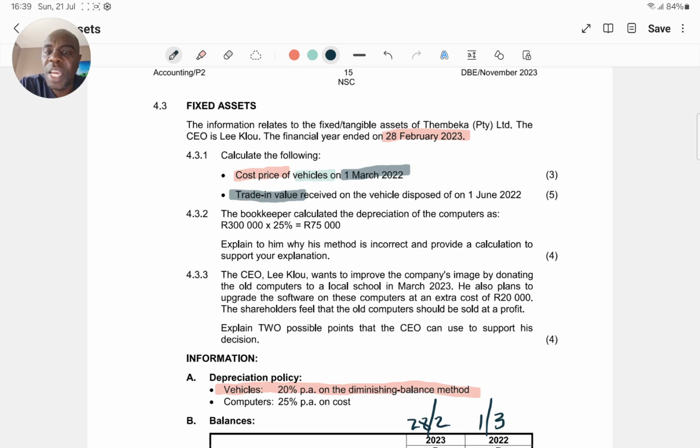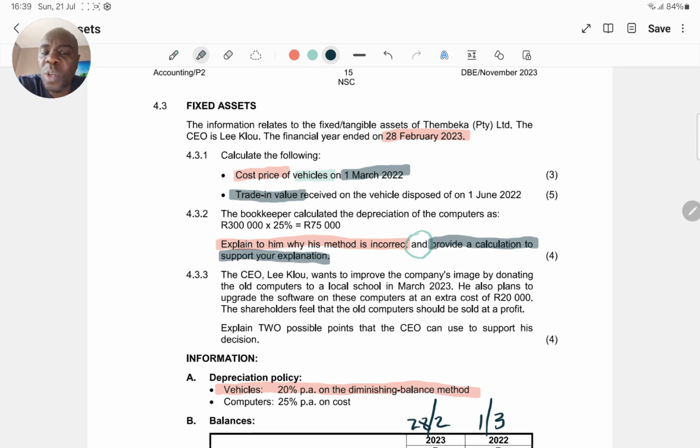It wants you to explain why this method is incorrect. And then the second thing that the examiner wants you to do is provide a calculation to support your explanation.